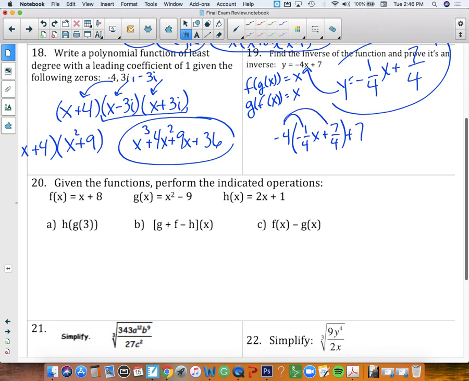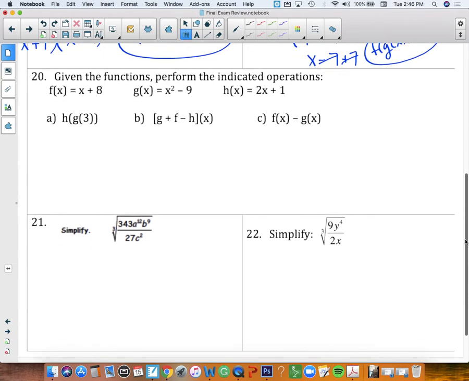So distribute. The 1/4 would cancel. I just have an x there, and then that would turn into a negative 7 going into this one, plus 7. So those cancel. So then that would be f of g of x equal x. And that's it. Okay, but you have to do it both ways. So I'd have to do it the other way here as well. I'm just going to save some time and not do it though.